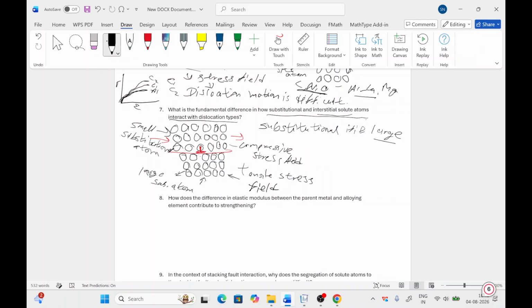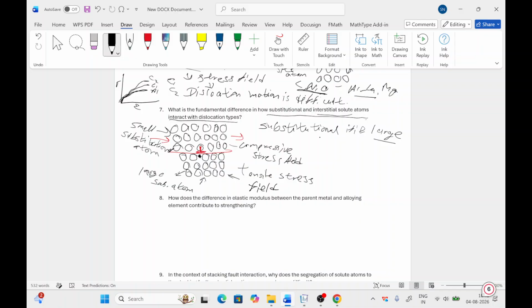So these will sit very near to the dislocation core, at this point, at the center of the dislocation field. The interstitial atom sits at the core.